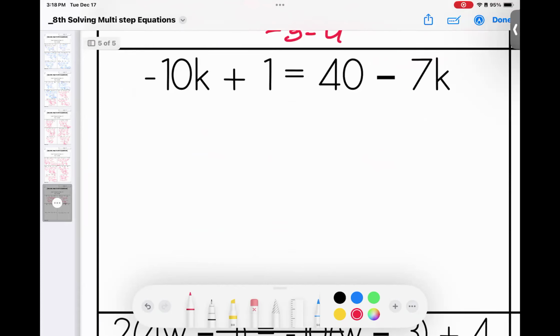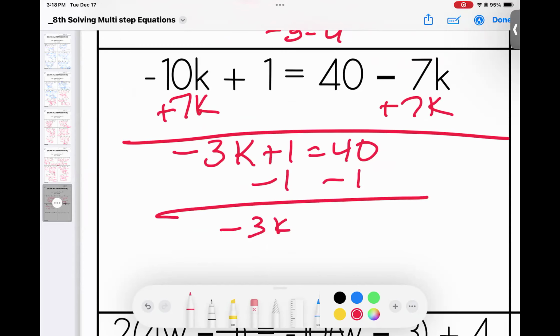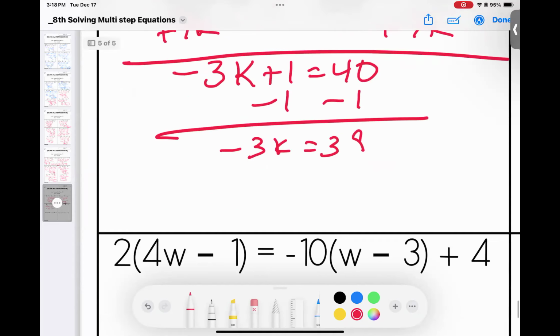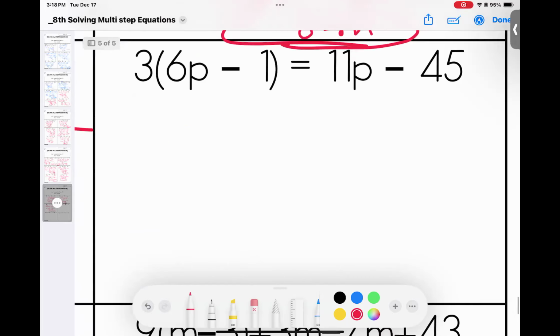Over here, I'm going to add my 7k, negative 3k plus 1. I'm going to subtract the 1. Negative 3k is equal to 39. Dividing. k is equal to negative 13. 3 more, we're almost done.